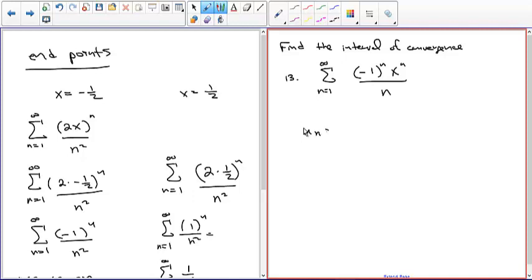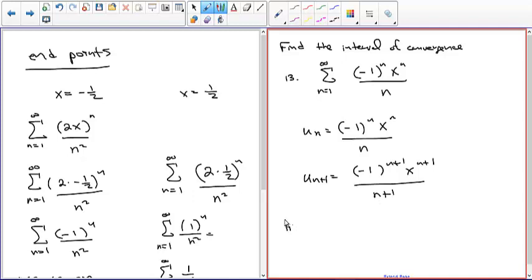So u sub n is -1 to the n x to the n over n. You do include the -1 part here. And then u sub n plus 1 is -1 to the n plus 1, x to the n plus 1, divided by n plus 1.